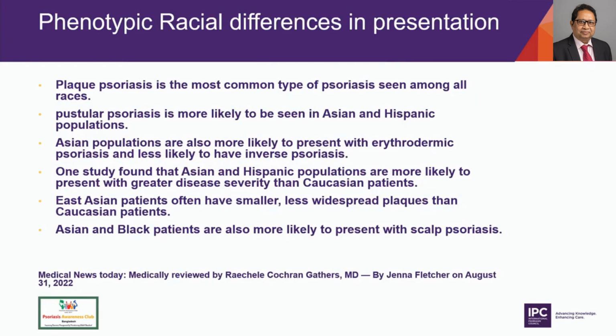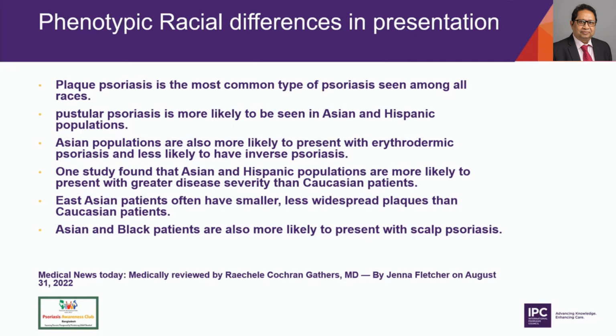Regarding phenotypic racial differences in presentation, as a whole we can say that plaque psoriasis is the most common type of psoriasis among all races. Pustular psoriasis is more likely to be seen in Asian and Hispanic populations. Asian populations are more likely to present with erythrodermic psoriasis and less likely to have inverse psoriasis.